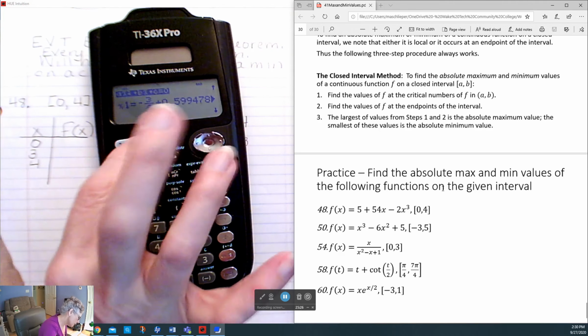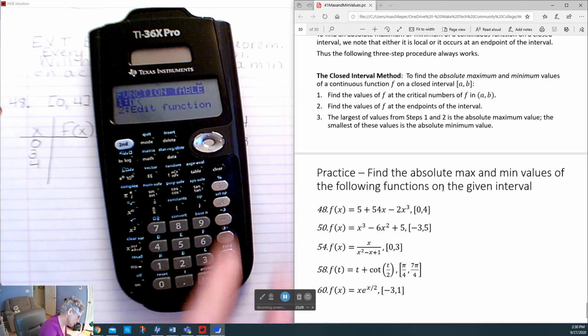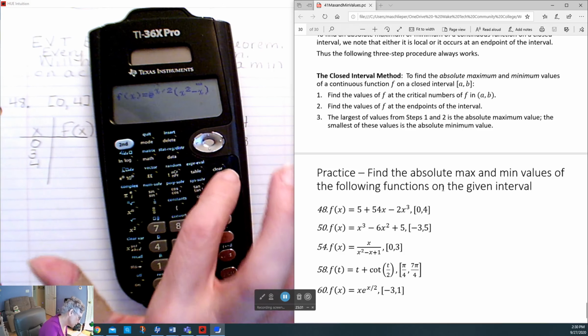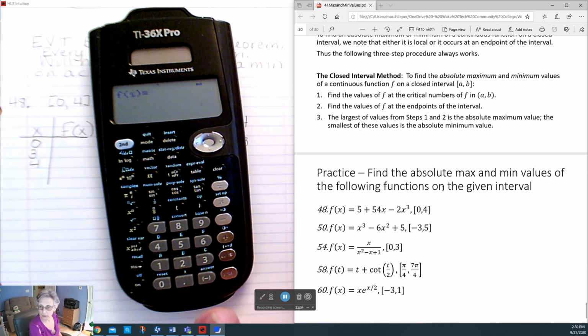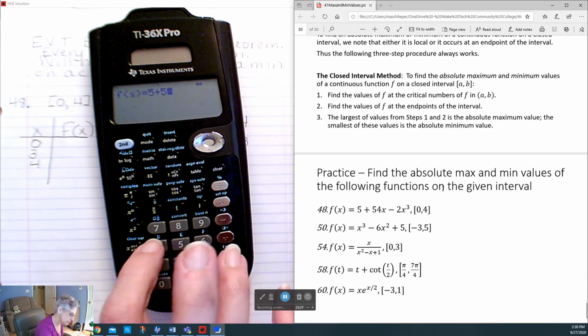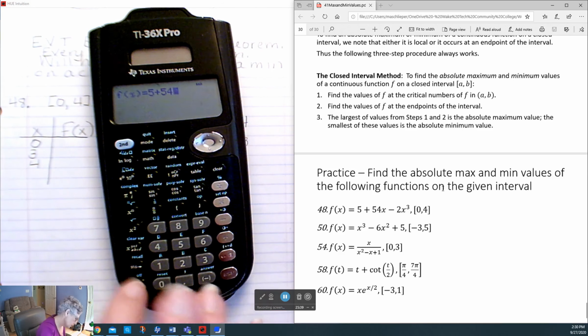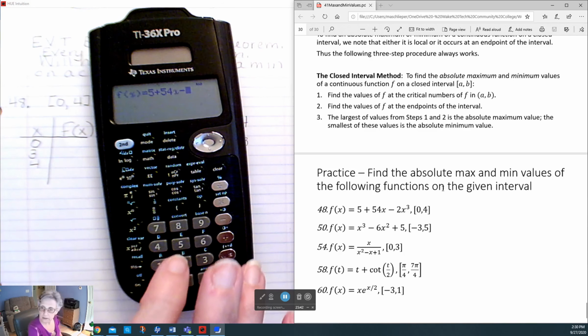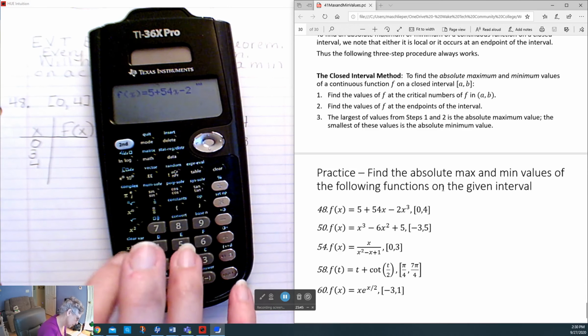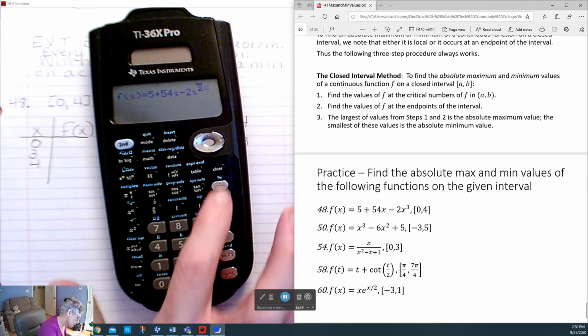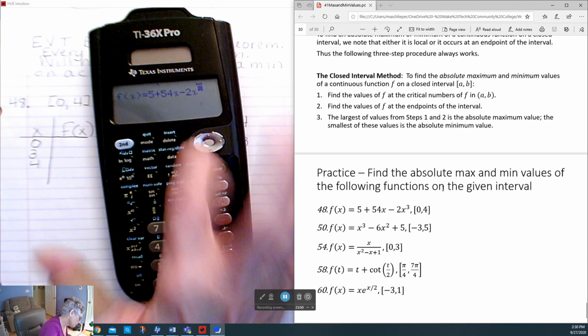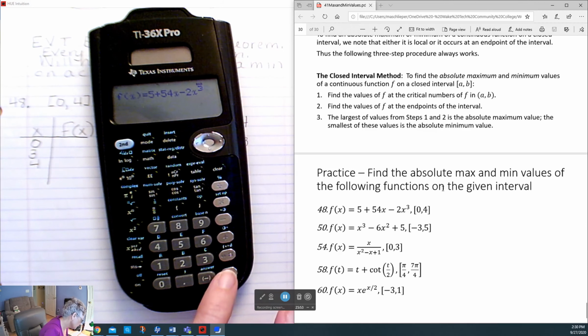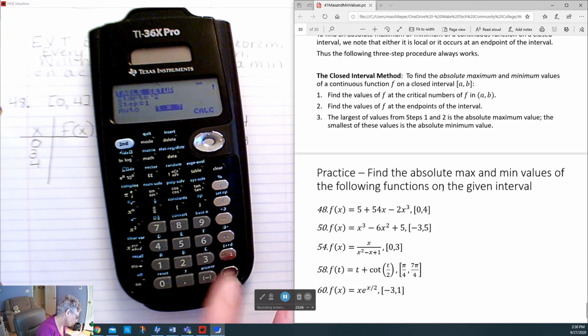Let's quit out of that table, edit my function, clear out the old thing, and we'll put in 5 plus 54x minus 2x to the third, not second, x to the third. Okay. And then I want to plug in 0, 3, and 4.